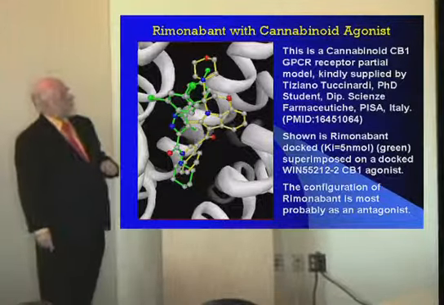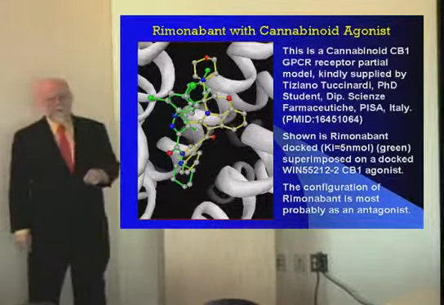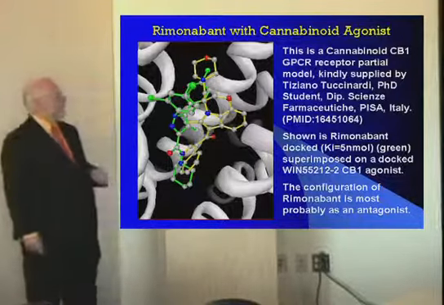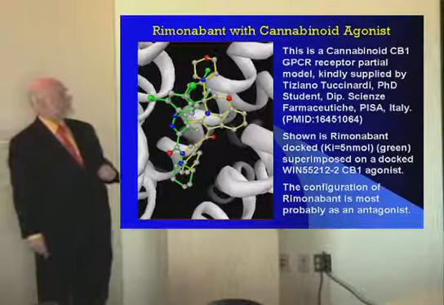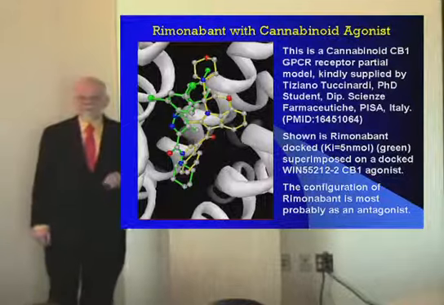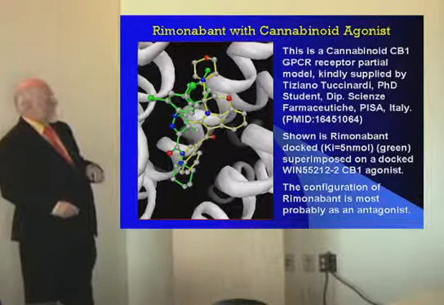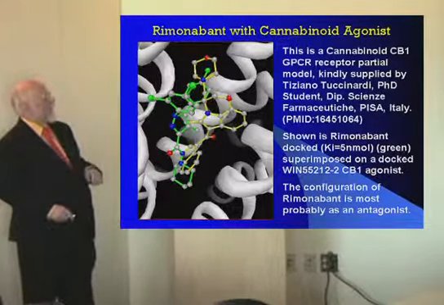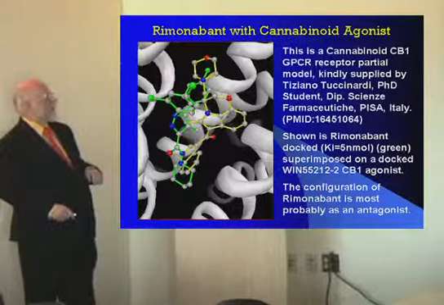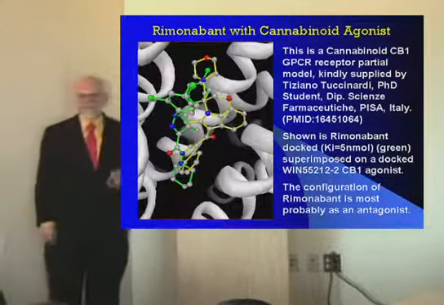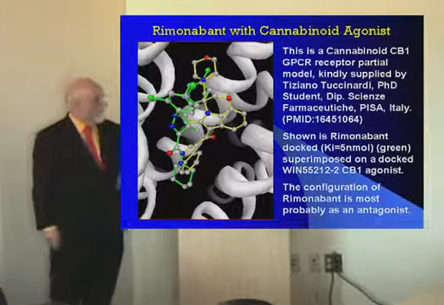Now, rimonabant does, in fact, go into the cannabinoid receptor. It's a cannabinoid antagonist. And I've shown that alongside the agonist, which is called Win55212-2, which is a cannabinoid receptor type 1 agonist.